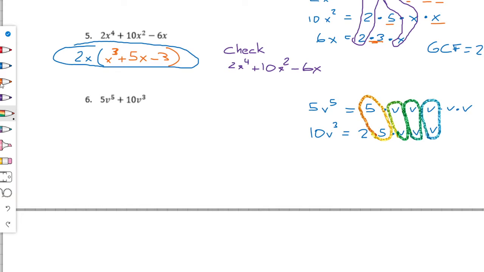So our greatest common factor is going to be 5v cubed. So we're going to write that out. 5v cubed.